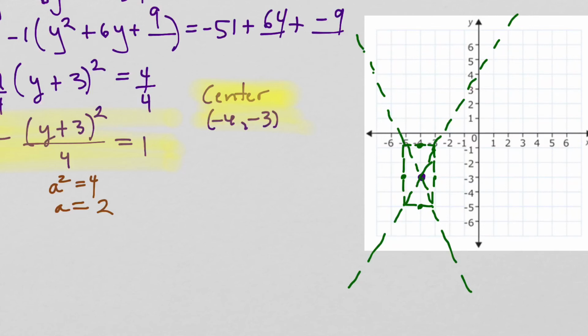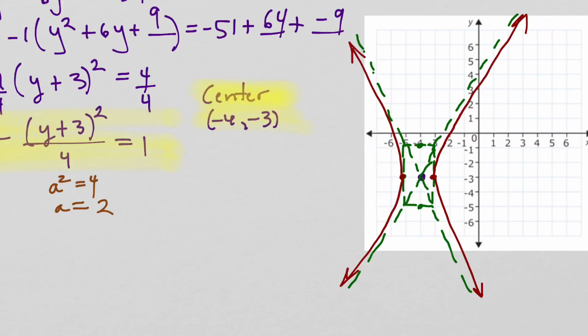So my vertex on this side is right here. So right on the edge of the box, cutting through the x-axis, hugging the asymptote like that. My other vertex for the other branch of the hyperbola will be here, and I'll do the same thing.